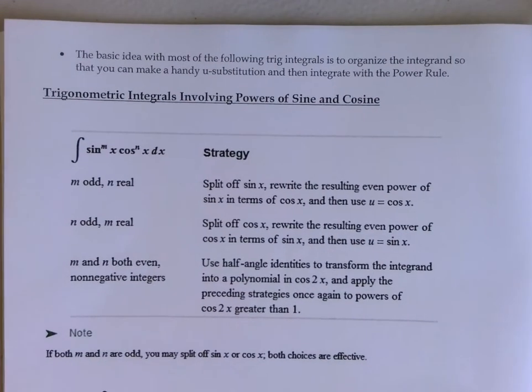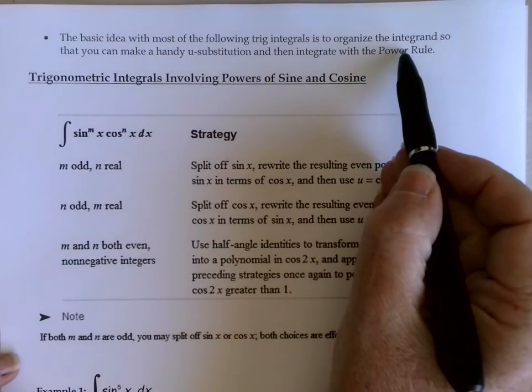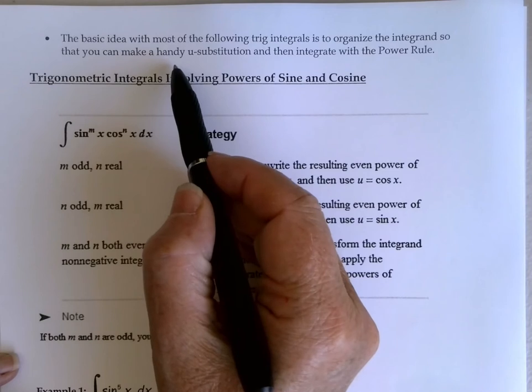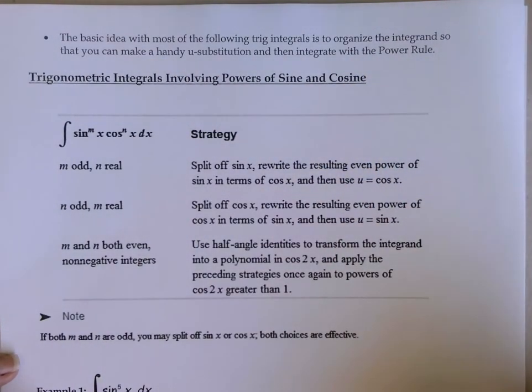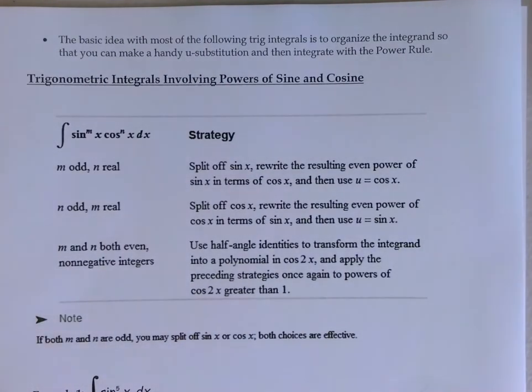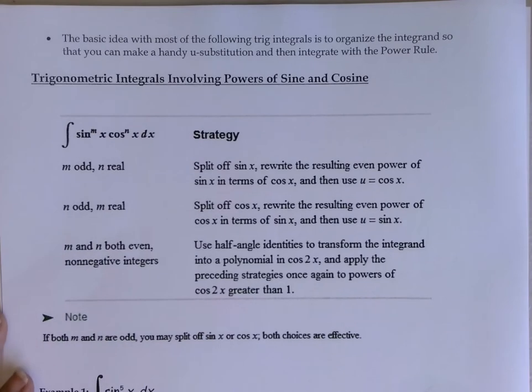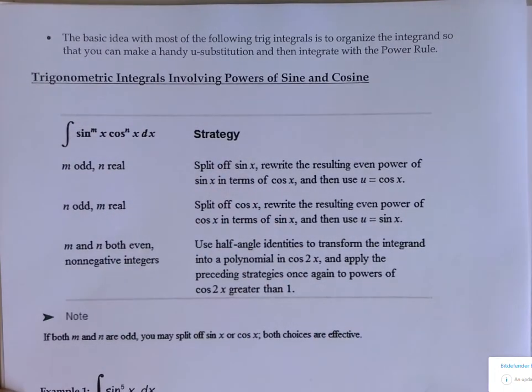Basic idea with most of these is going to be to organize our integrand so that we can make just a handy u substitution and then get a nice easy power rule problem out of it, which we all know how to integrate very simply. So we're going to start with the ones that involve sine and cosine. And here's our strategy. You do not need to memorize this, even for final exams.